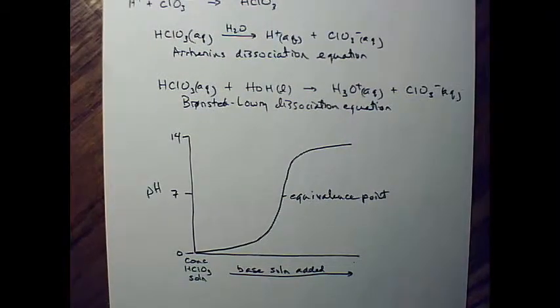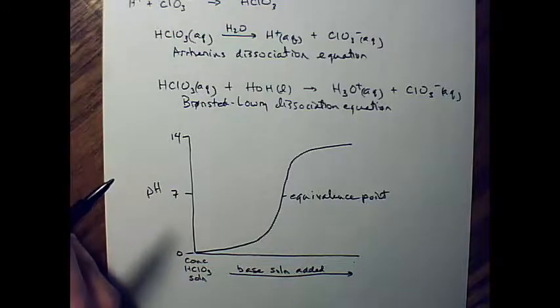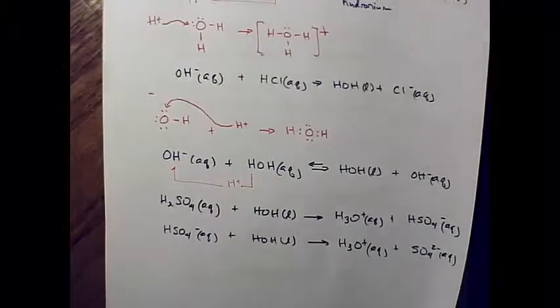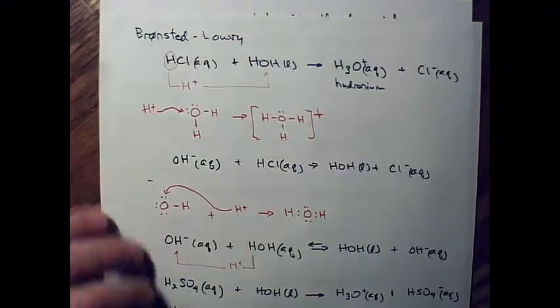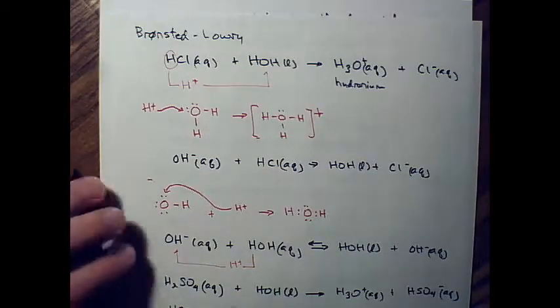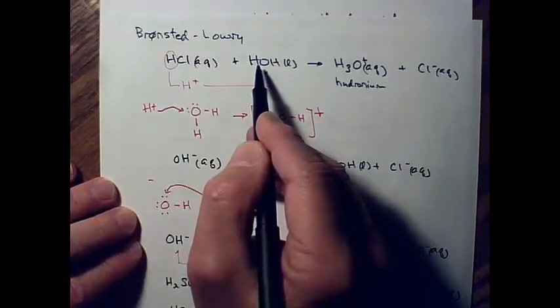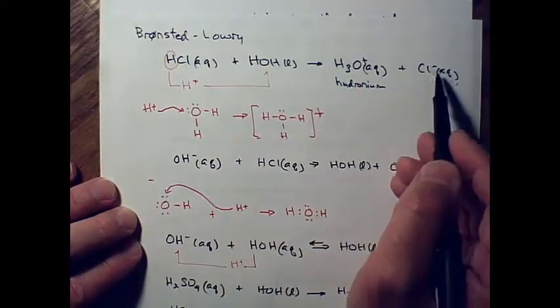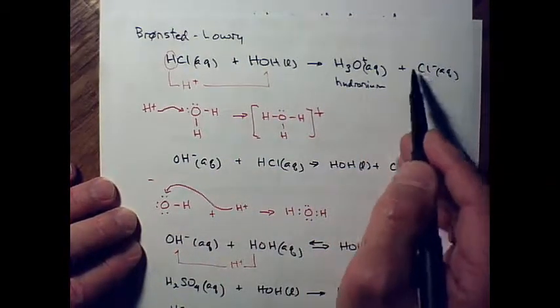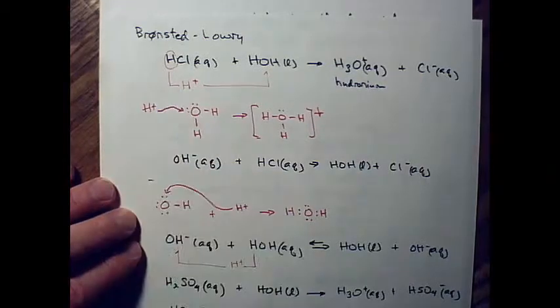All right. Let's go back and look at all these types of equations we have. With Bronsted-Lowry, hydrogen comes off, joins up with water, forms hydronium. And you always have some kind of negative part left over after the hydrogen leaves.